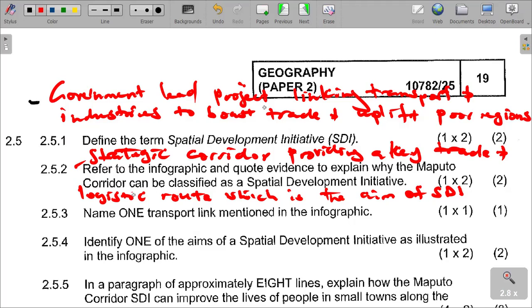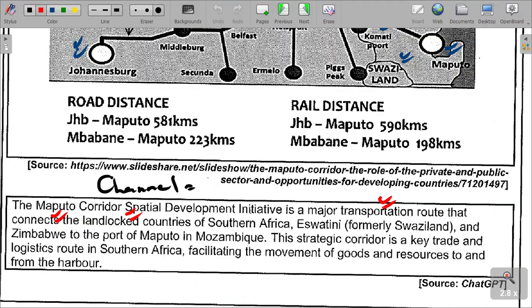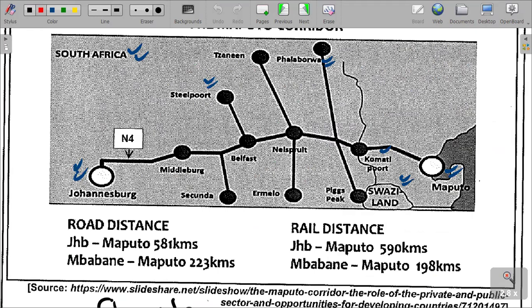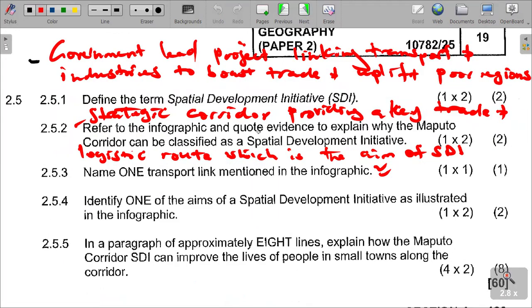And then name one transport link mentioned in the infographic. One transport link that is mentioned there. We are given the N4 as the road. So the question is saying name one transport link.